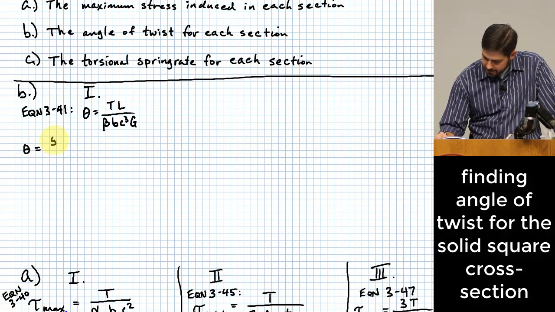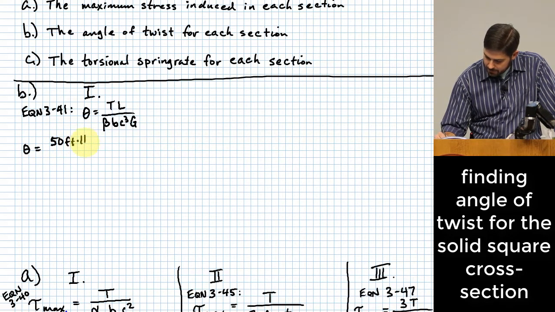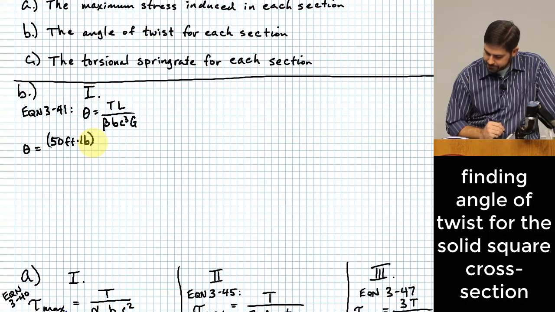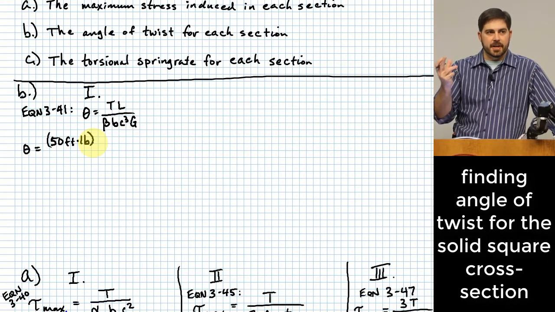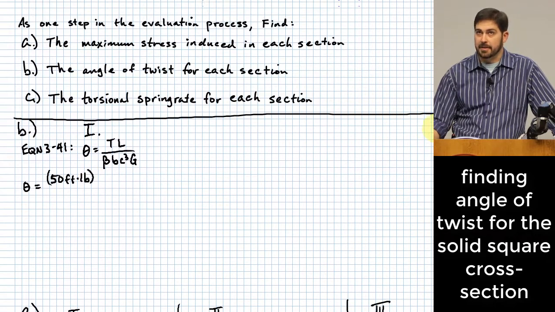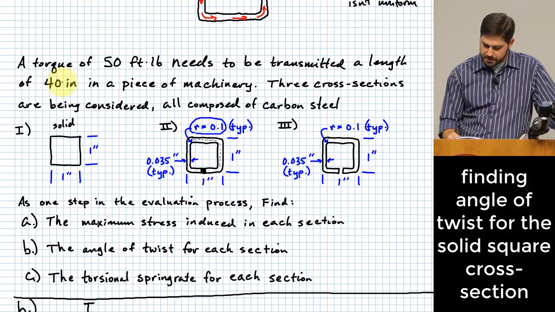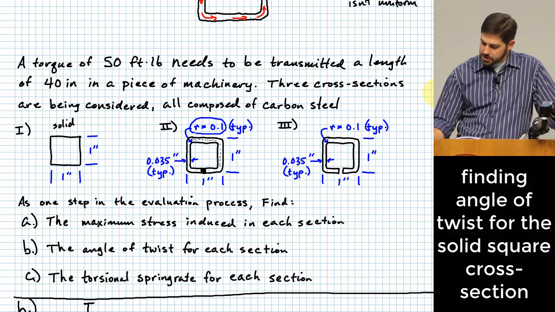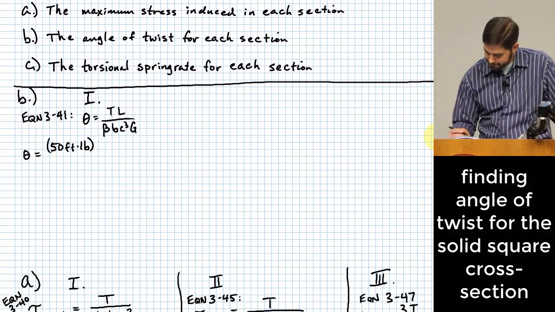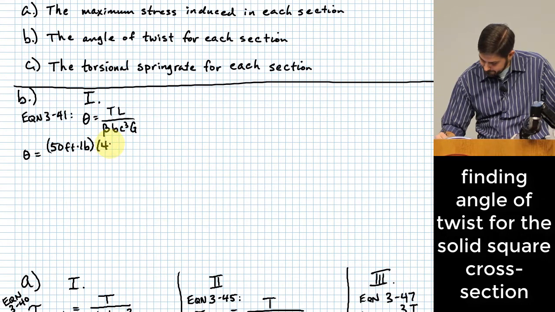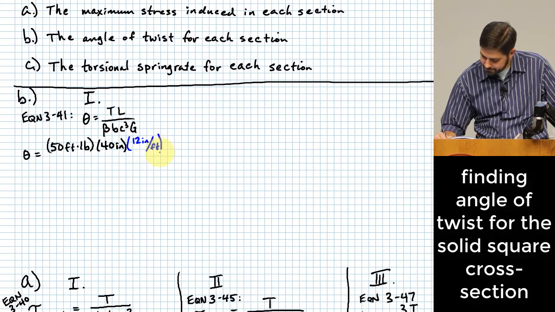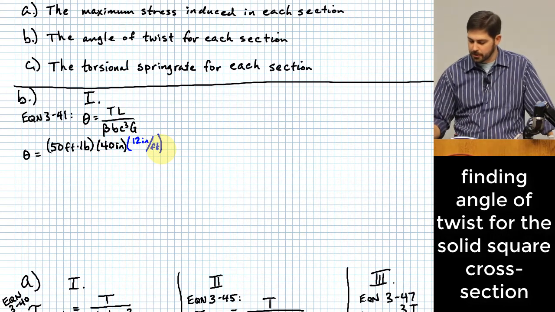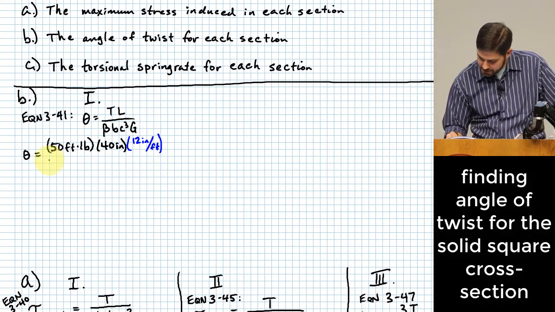We'll have 50 foot-pounds for our torque. The L that they reference there is the length of this member. Okay, so we might have to go back up here to remind ourselves that we had a 40-inch length. And I may as well go ahead and put in my 12 inches per foot at this time, because I do want to convert the foot in foot-pounds to inches.